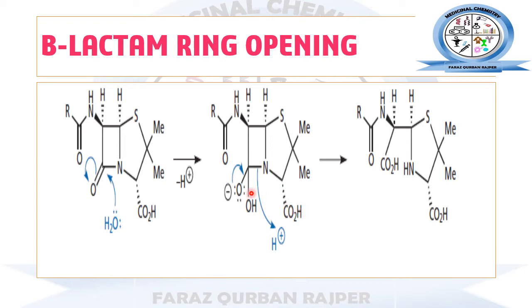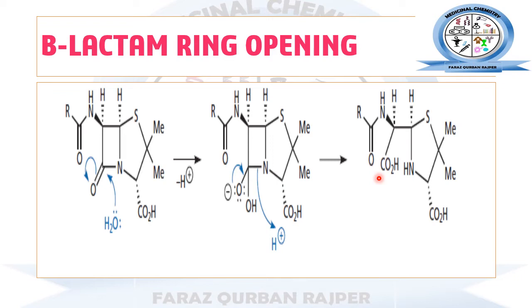This carbonyl carbon becomes sensitive towards the attack of the nucleophile, the water, or the acidic moiety, and ultimately the ring opening will occur. The beta-lactam ring has been completely destroyed, and due to this its activity is retarded.